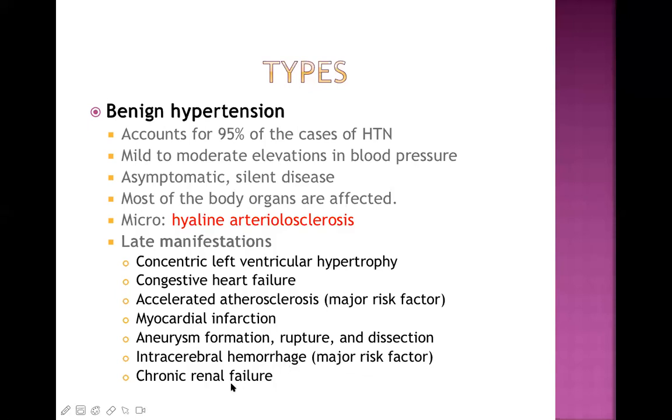And chronic hypertension can also lead to kidney failure. Okay, so these are some of the very important points. That's why if blood pressure is high in a patient, it should be controlled. There are different ways to control it. One is with the help of medicine, another is physical exercise, and relaxation activity.